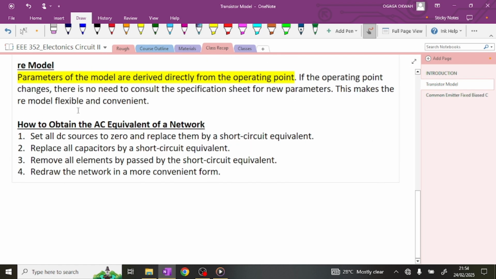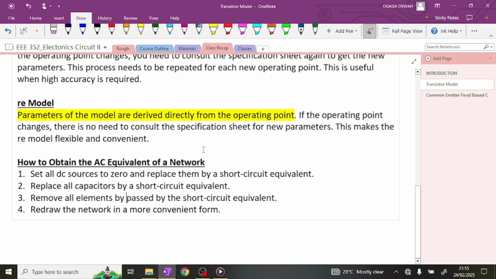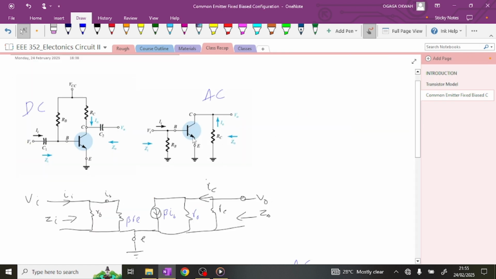We set all DC sources to 0 and replace them by short circuit equivalent, replace all the capacitors by short circuit equivalent, and remove all the elements bypassed by the short circuit equivalent, and then we redrew the network in a more convenient form. That's how we got from this point to this point.